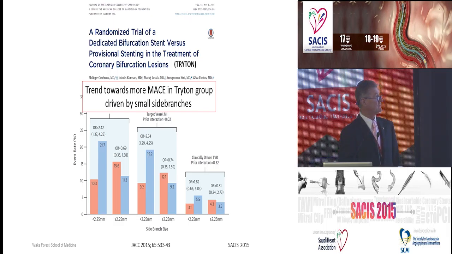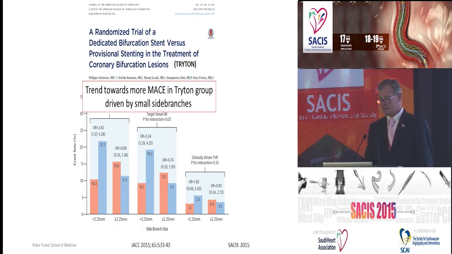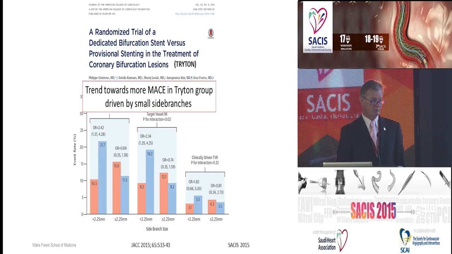So we can see that the trend towards MACE in the Tryton group was driven by small side branches, and I think at best we would say that there may be parity or equivalence here, but certainly it was not a home run in terms of showing that we would have better outcomes if we use this approach.